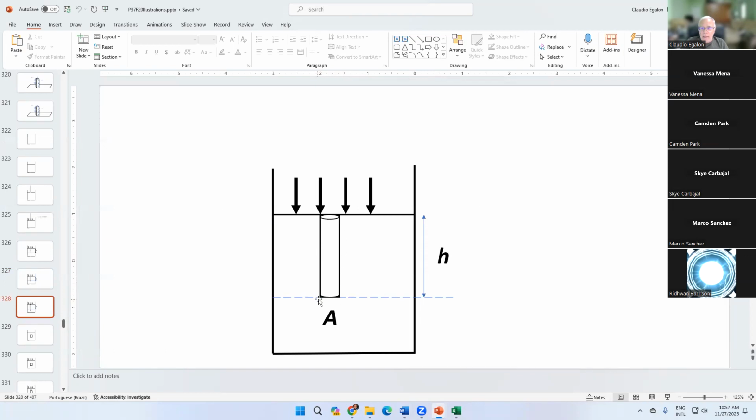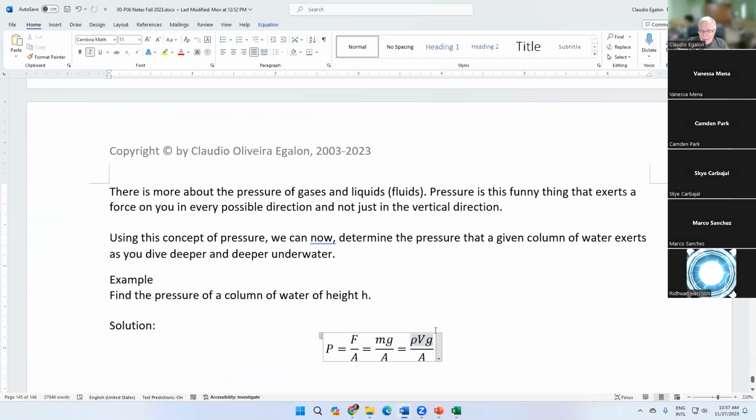And this volume that you see right in here is going to be the height of the cylinder times the area of the cylinder. Can you picture that? And now look what happens. This volume is going to be A times height. So this A that is here cancels out this other A that is here.